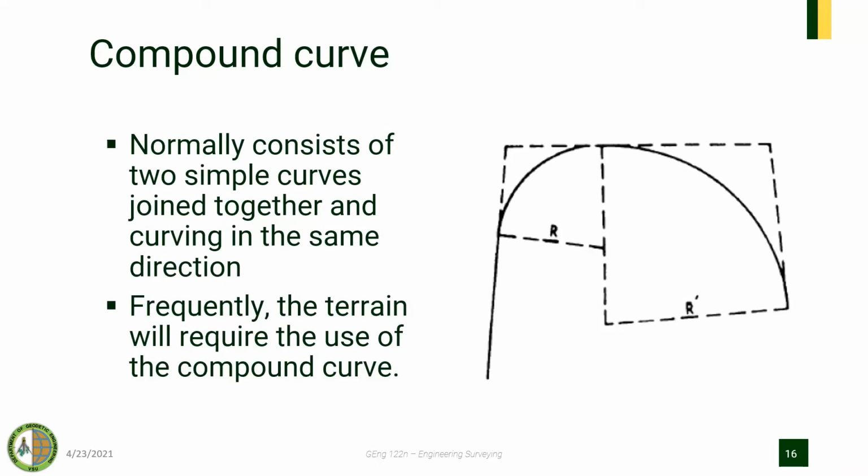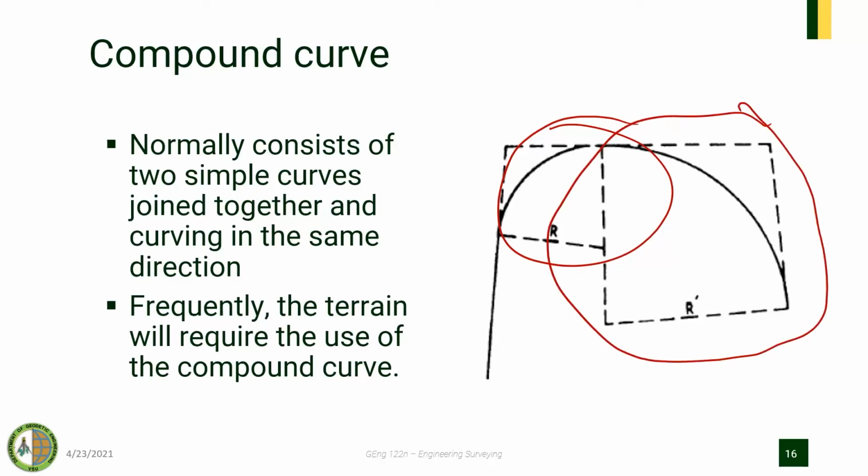The compound curve consists of two simple curves joined together. This is one simple curve, and this is another simple curve. If there is some terrain that requires the use of this, it can be employed.